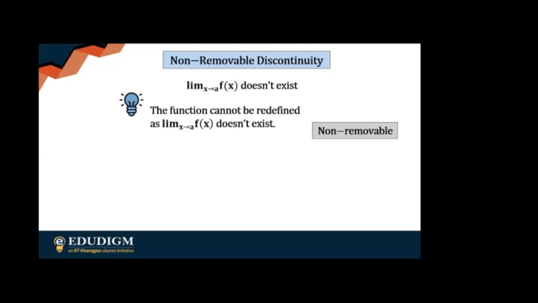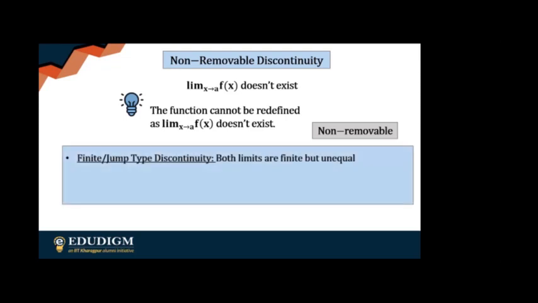First of all, go and find out the limit where it might cause trouble. If it exists, just find out why it's causing the trouble, whether f(a) is not defined or it's not equal, then you go ahead and remove it. But if it does not exist, you cannot do anything to make it continuous, and that's why it's called non-removable discontinuity. I hope this is okay with all of you.